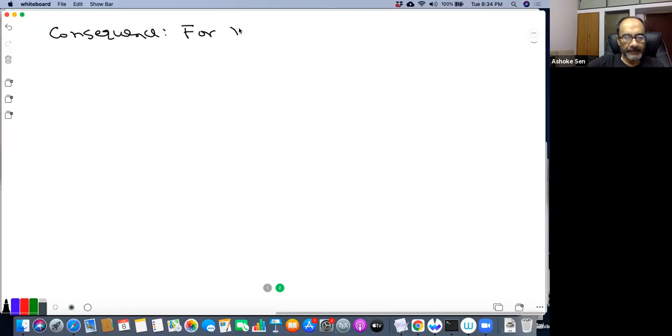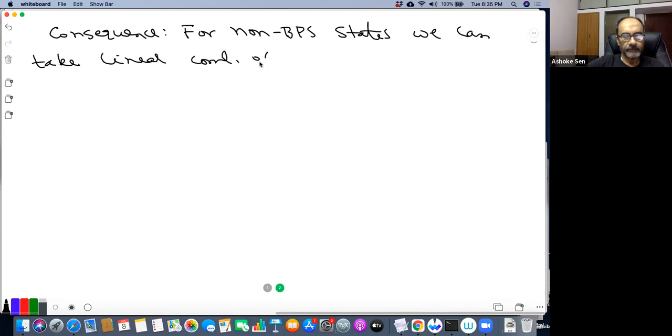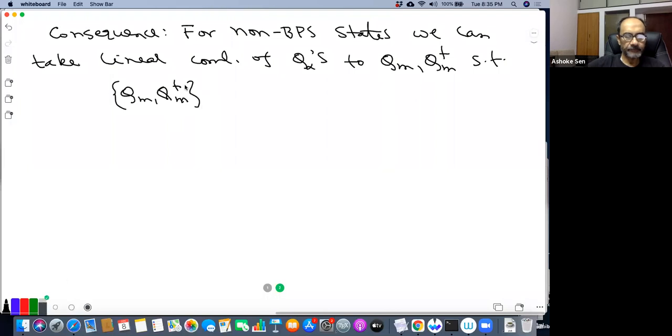First, let's start with the non-BPS states. Here you can take linear combinations of the Q alphas to form Q_M and Q_M dagger, such that the algebra takes this simple form: Q_N dagger with Q_M is delta_MN, and Q_M with Q_N is 0.